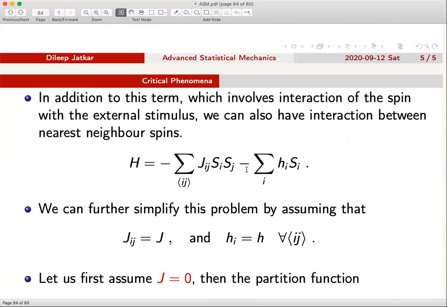We then decided to simplify this model further by saying that J_ij need not depend on i and j; it could be the same for as long as they are nearest neighbors, some number J, such that we can pull J out of the summation. Similarly, if you apply a uniform external magnetic field, then you need not worry about h_i. You could just replace h_i by h without worrying about how the spin at the ith site feels the magnetic field, because we are essentially assuming the magnetic field to be uniform and constant in all directions.